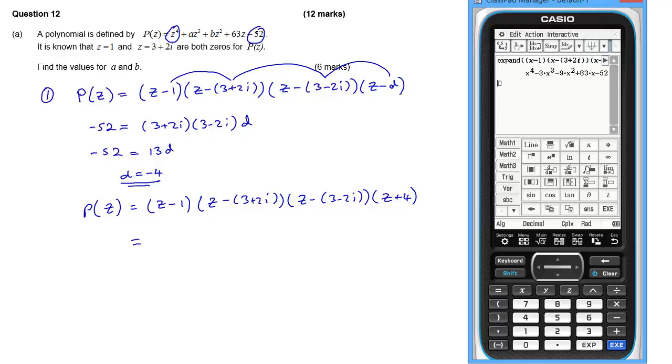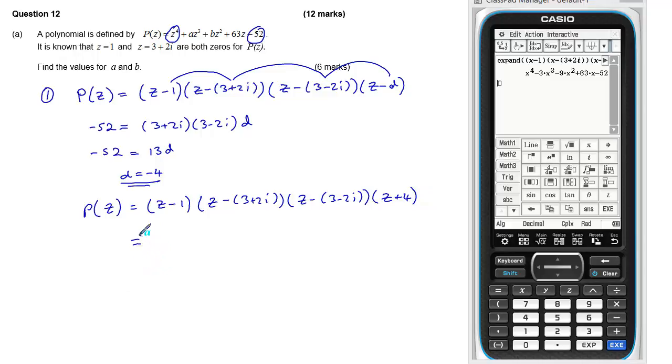And if we expand that, we get this, and therefore we can see by looking at these two terms, the cube term and the z squared term, that a is equal to negative 3 and b is equal to negative 9.